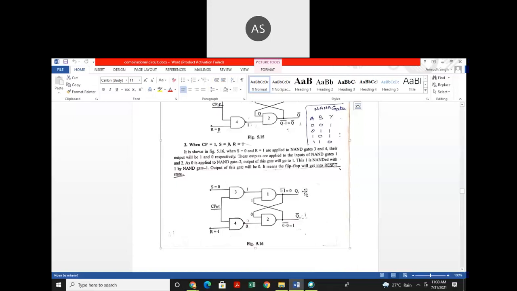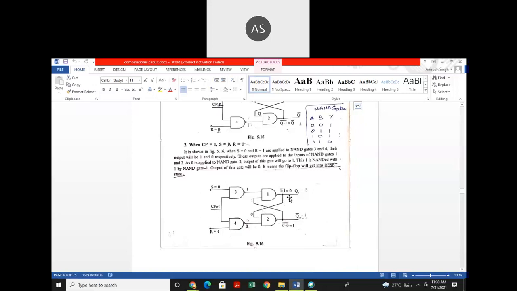But suppose in this case the present state is 1. It means that this terminal is 1, so 1 and 0. Here we get 1, then this 1 and 1 means 0.